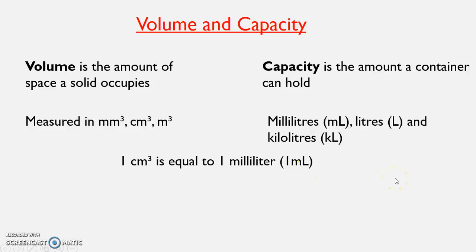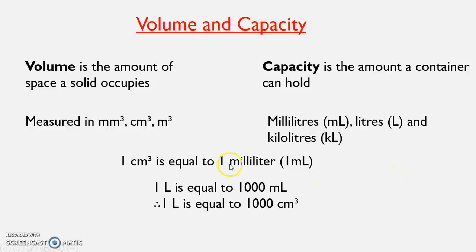So it's going to be similar conversions. So if 1 liter is equal to 1,000 milliliters, which we know, then that means 1 liter is equal to 1,000 centimeters cubed. And likewise, 1 meter cubed is equal to 1 kiloliter.